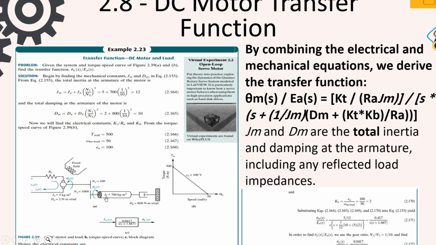This is JL and moment of inertia Ja here. I can add them here, and you have the torsional damper or total damping Dm equals Da, which equals 2, plus DL, which is here, times (N1 over N2) squared. This is N1, this is N2.